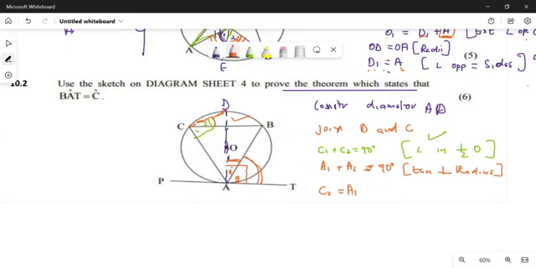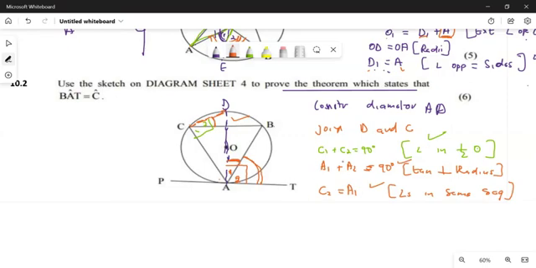Now, why am I saying these two angles are equal? C2 and A1 are equal because they are angles in the same segment. And then again, I get a mark. So far, I have 4 marks, including 1 mark for construction.